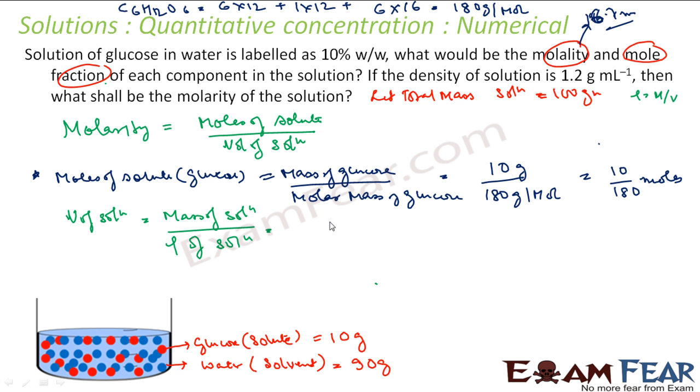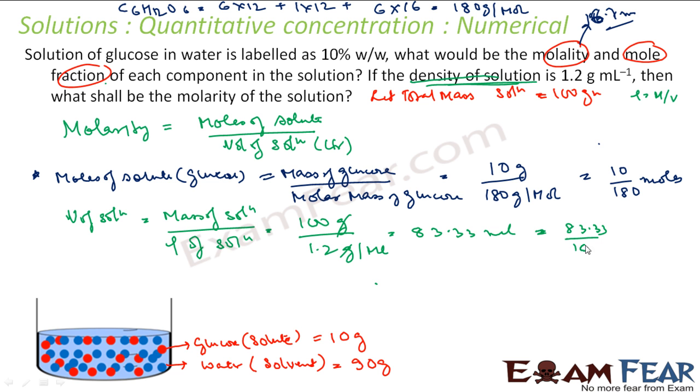The mass of solution is 100 gram and the density of solution is 1.2 gram per milliliter. This gets cancelled and you get 83.33 milliliter. But I want volume of solution in liters, so I divide by 1000, giving 0.0833 liters.